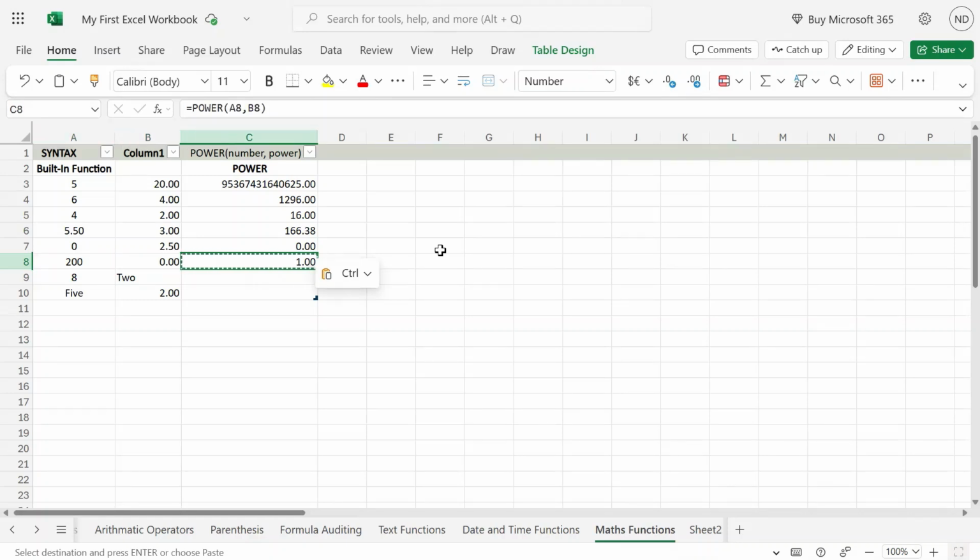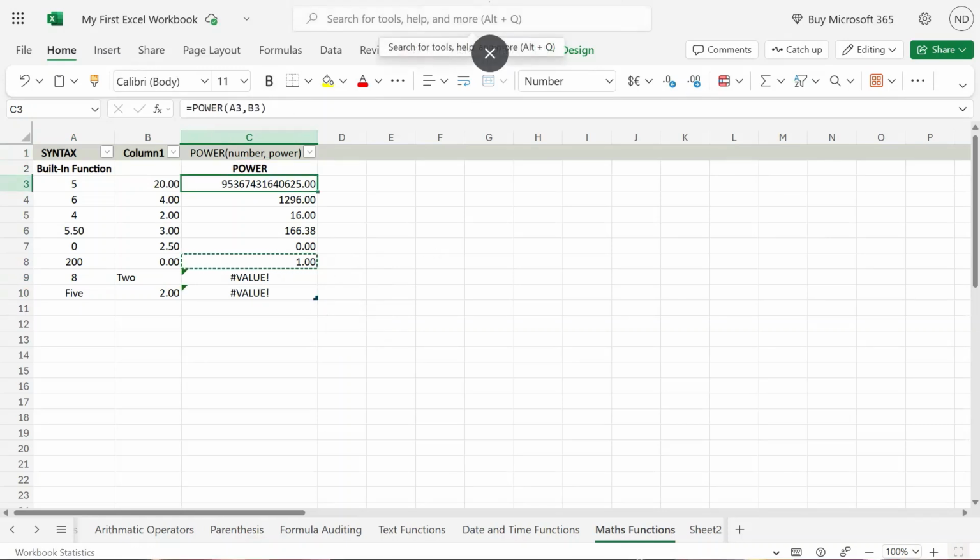Now I cannot have text as the number. So I cannot have number names used in power or in the base of the power. If I try to do this, it will give me a value error. So ideally, what you need to understand is power is used to get a resultant number raised to a power of a specific number.